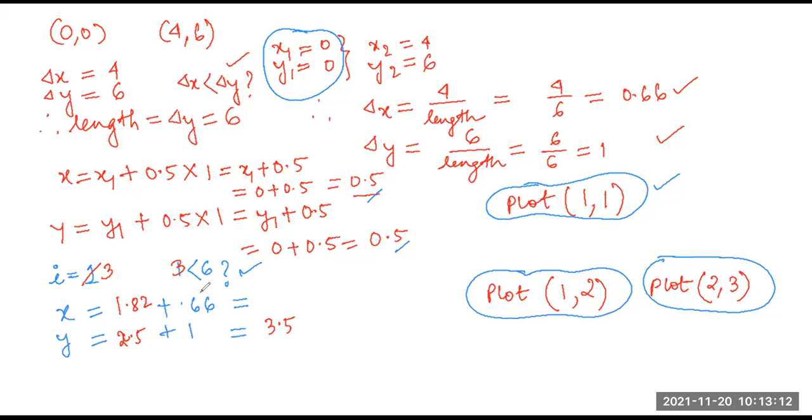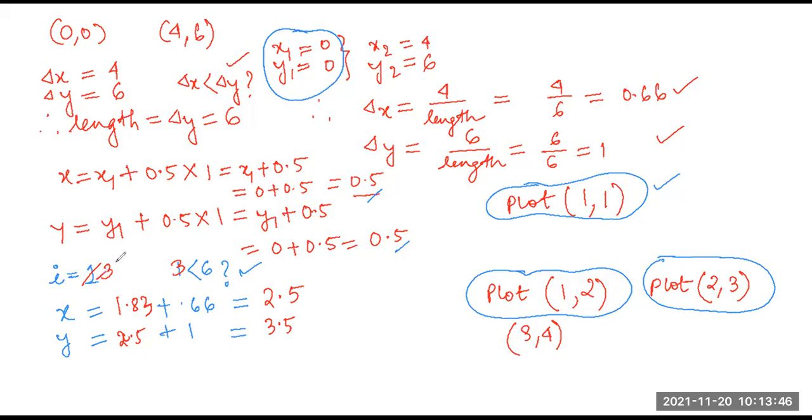Okay. One mistake you made is that 1.82 will actually come as 1.83. Just check it once, it will come as 1.833. So now you do it, here you will get 2.5. Okay, fine. So now what will be your integer plot? 3 and 4. Perfect.